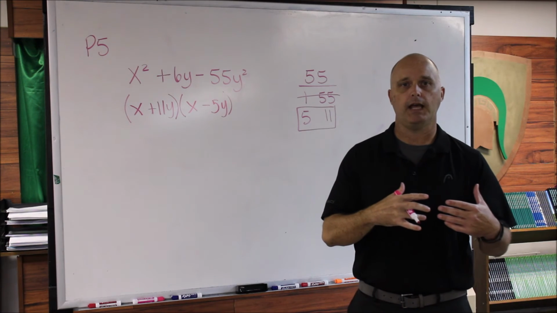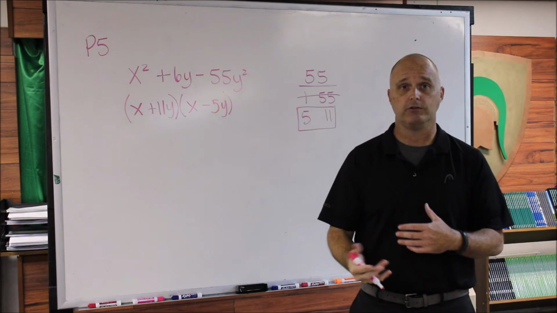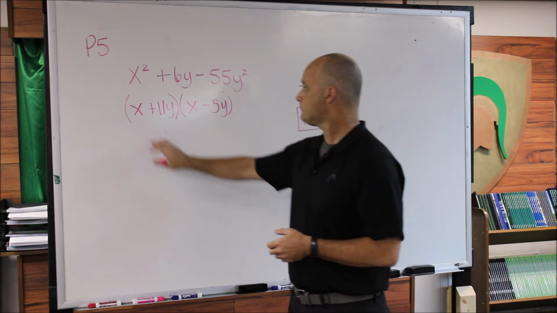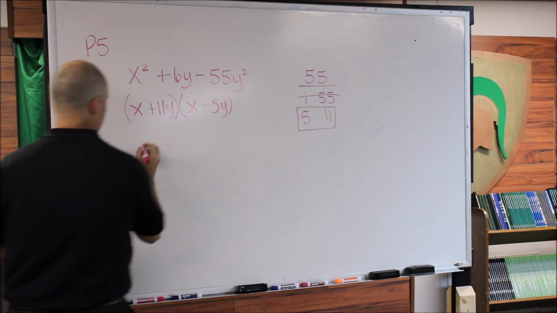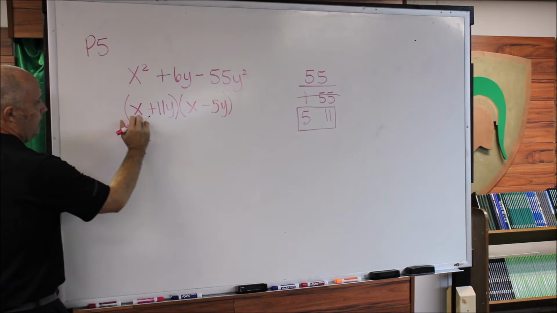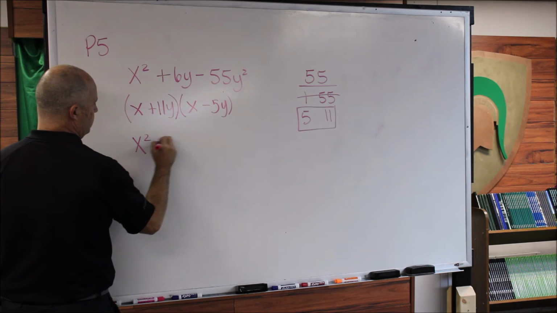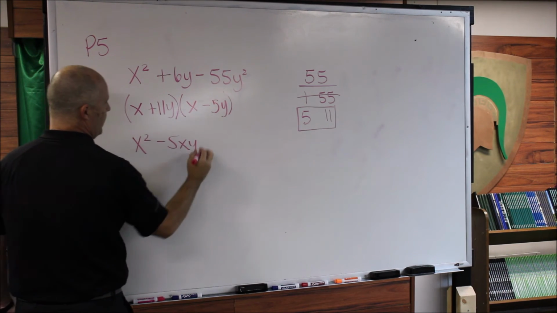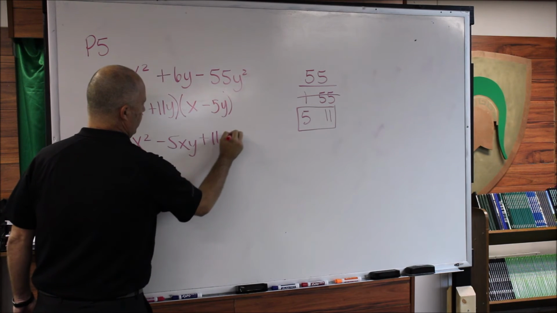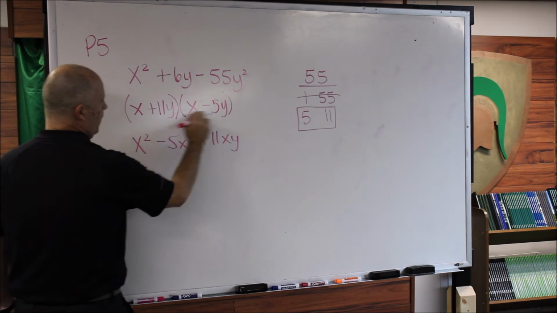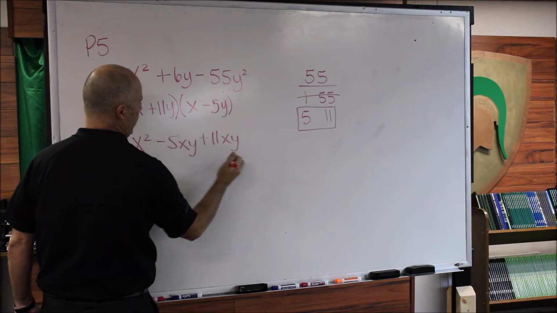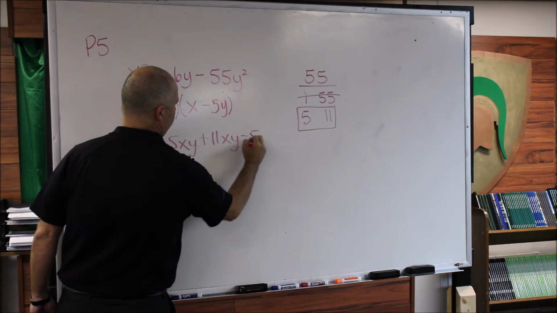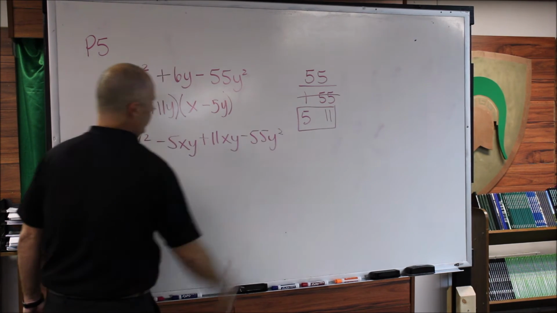So let's go ahead and FOIL this out just to make sure that we've got the correct answer. x times x is x squared. x times negative 5y is negative 5xy. 11y times x is positive 11xy. And 11y times negative 5y is negative 55y squared.